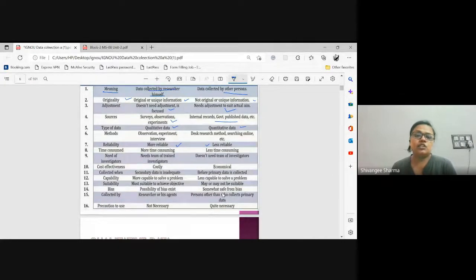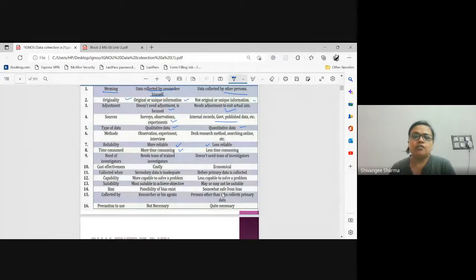Primary data collection is a very time consuming process, right? If you are going to study demand of your product, you want to study at least 1 to 2000 respondents, right? And collecting data from questionnaires of 1 to 2000 respondents is really time consuming. So that is why collection of primary data is very time consuming.